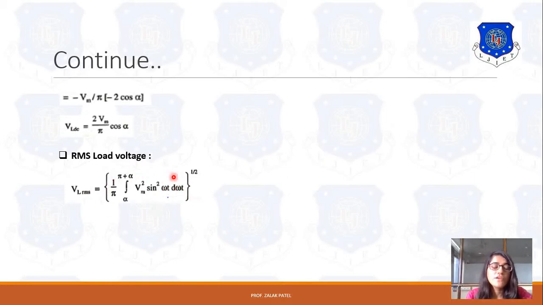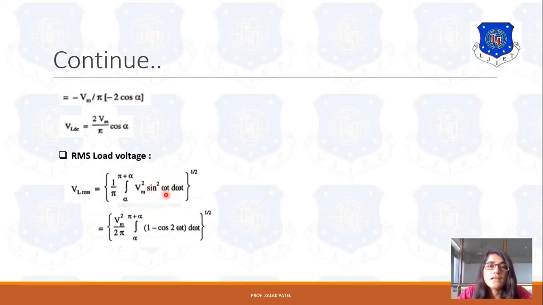Now if we integrate the whole term, first the common terms are taken out of the integration, so it is Vm square upon 2 pi, alpha to pi plus alpha, of sin square omega t. If we know the trigonometric identity, sin square theta is 1 minus cos 2 theta divided by 2. So sin square omega t can be written as 1 minus cos 2 omega t divided by 2.